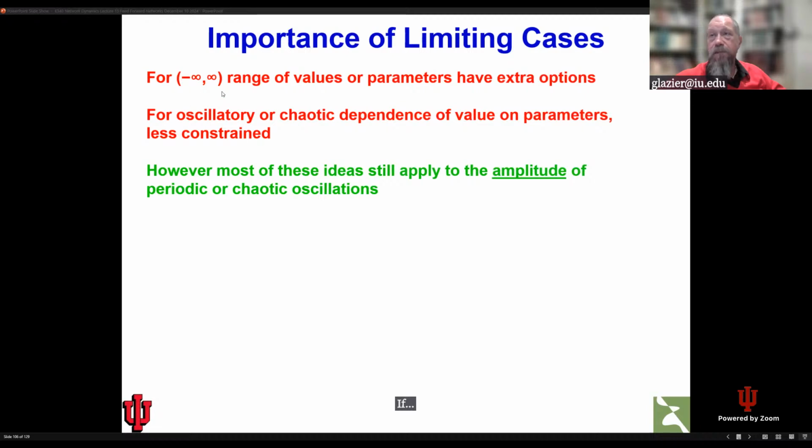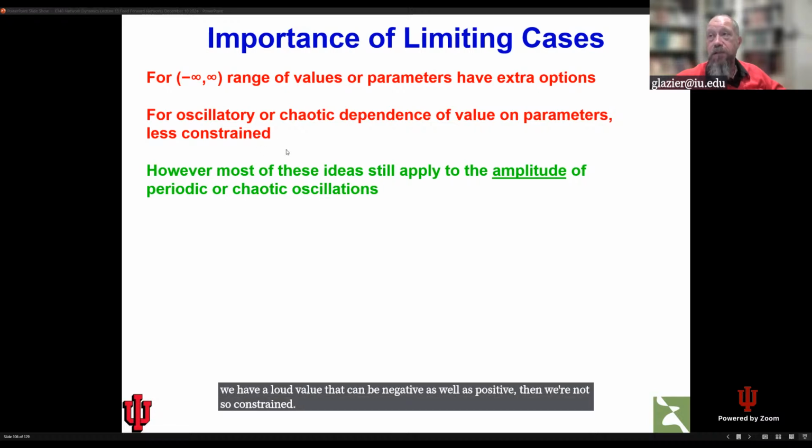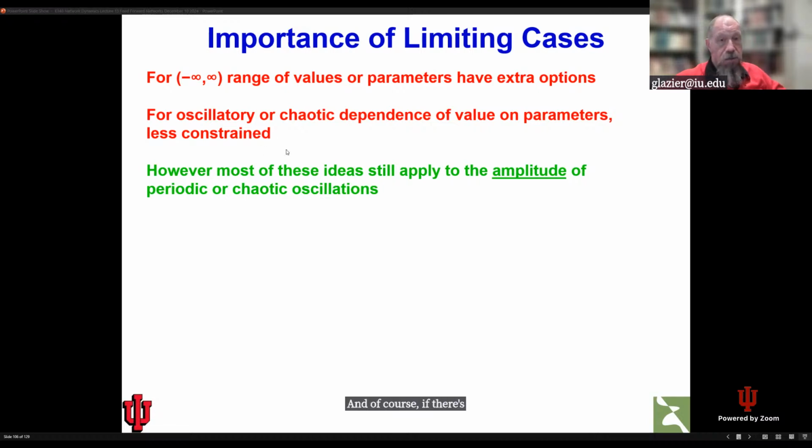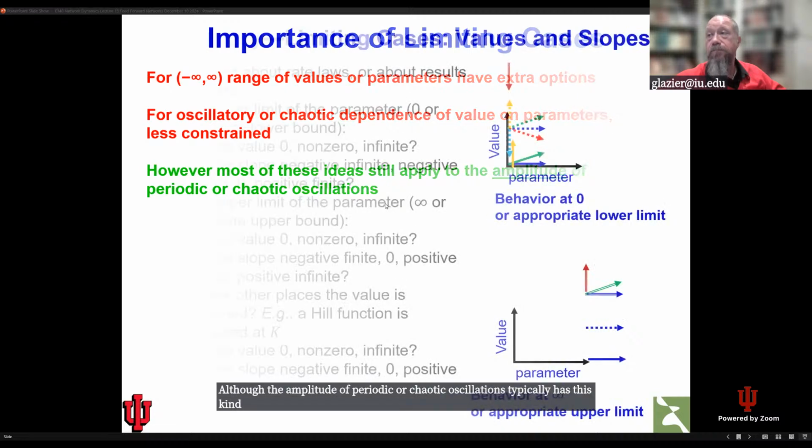If we have an allowed value that can be negative as well as positive, then we're not so constrained. And of course, if there's a chaotic or oscillatory dependence on parameters, we're also less constrained, although the amplitude of periodic or chaotic oscillations typically has this kind of property as well.